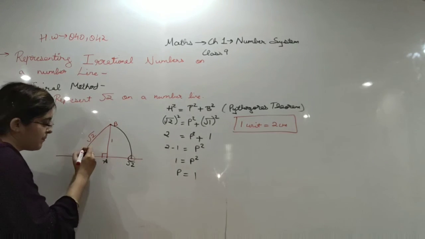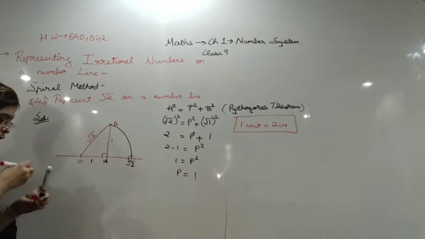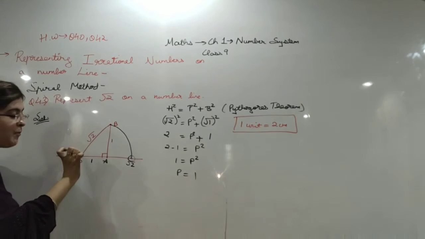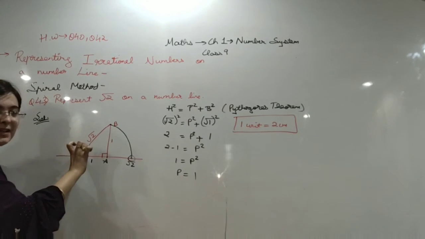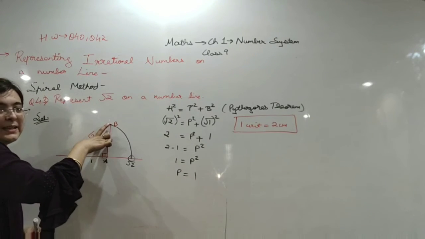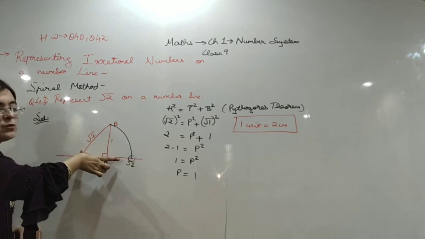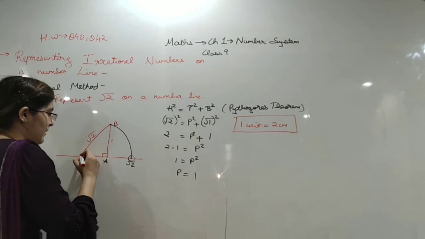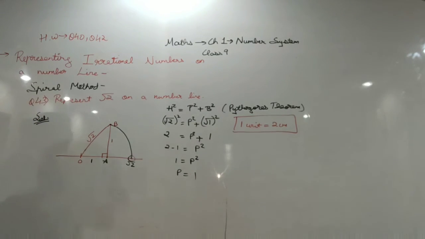What have you done, students? You keep the pointed tip here and your pencil here, and bring it down on the number line. Is it clear?